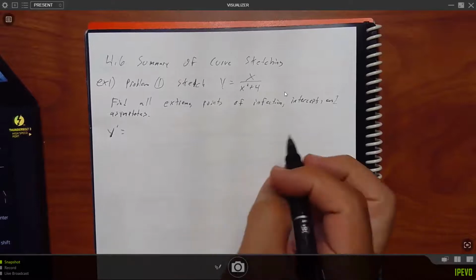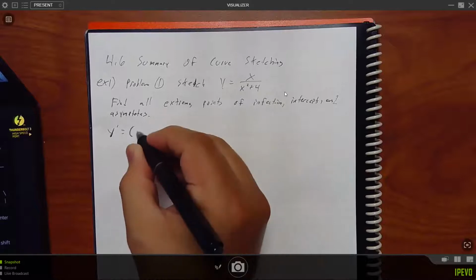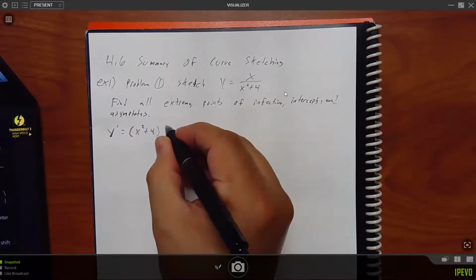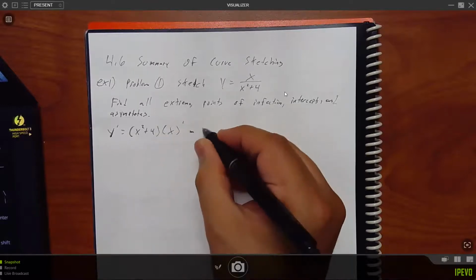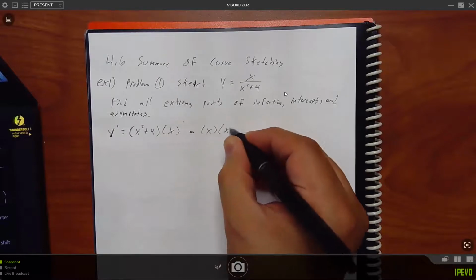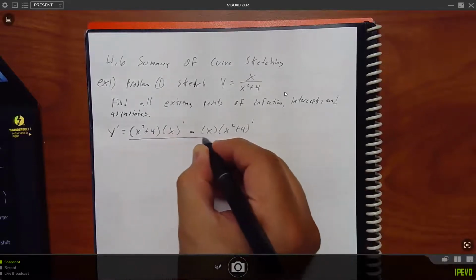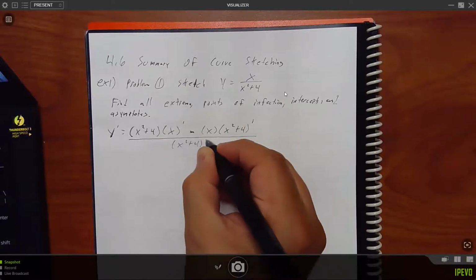It's going to be the bottom part times the top derivative minus the top times the bottom derivative over the bottom squared.